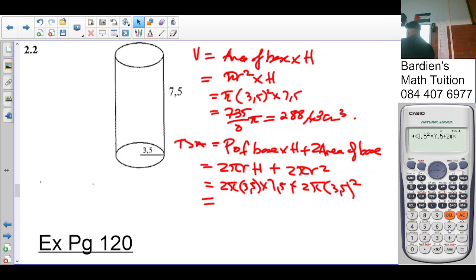So it's 2 pi times 3.5 squared. See, I made a mistake now. 77 pi.